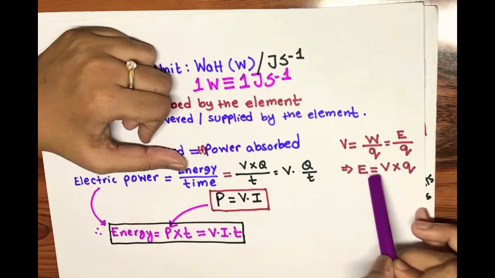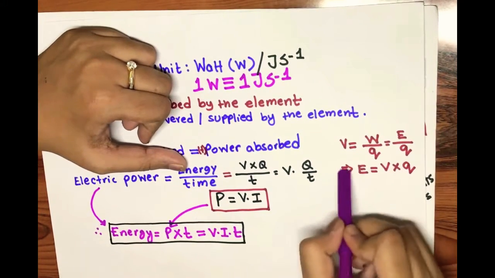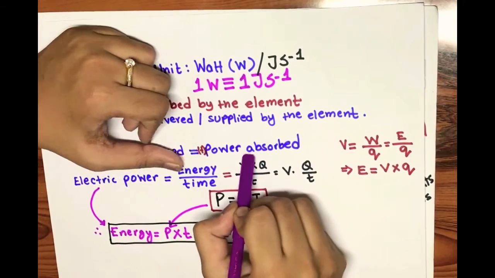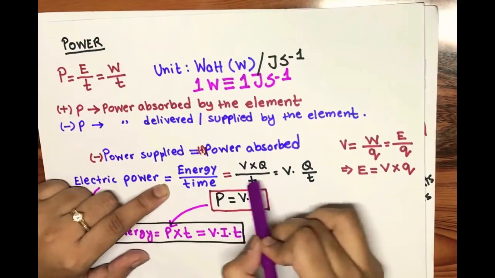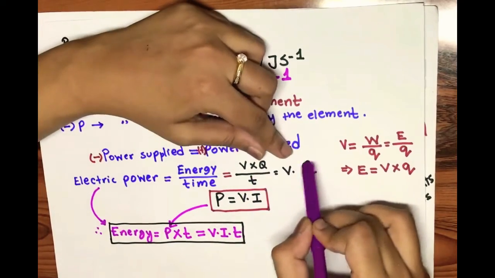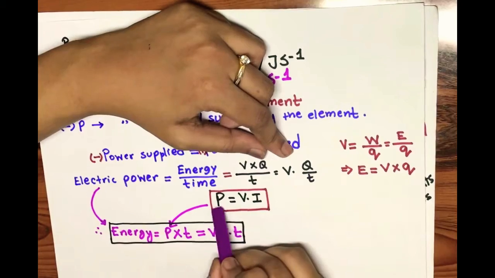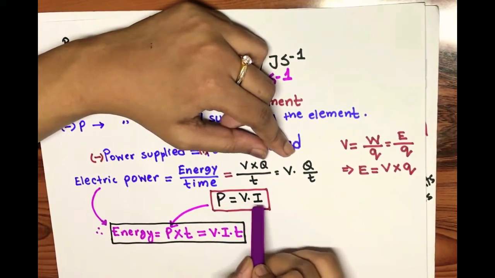So energy will be equal to V times charge. Substituting this expression, electric power is equal to V times charge divided by time. And we all know charge over time is current. Therefore, electrical power can be written as voltage times current.